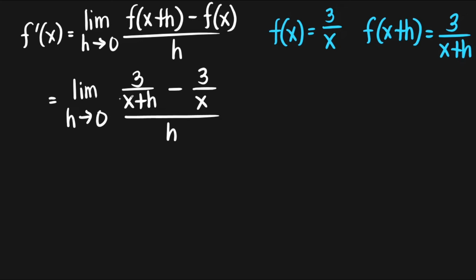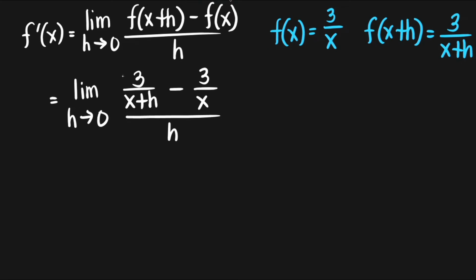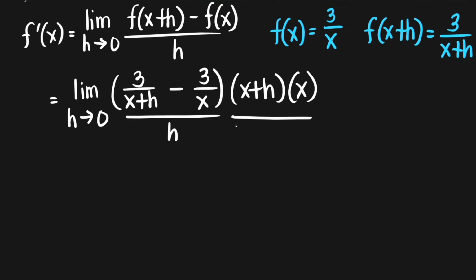We need to eliminate x plus h in this term and x in this term. To do that, what you want to do is to multiply the top by x plus h times x. You should do the same to the bottom. X plus h times x. Now we have the limit as h approaches 0.